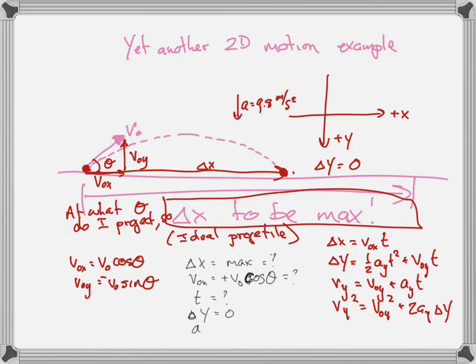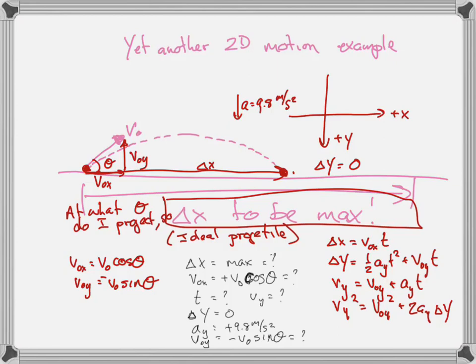A sub y is equal to positive 9.8 meters per second squared because of our choice of direction. And 1, 2, 3, 4, 5, 6. There are two more variables. V0y is equal to minus V0 sine theta because of the choice of direction. It's unknown. And Vy is an unknown as well.